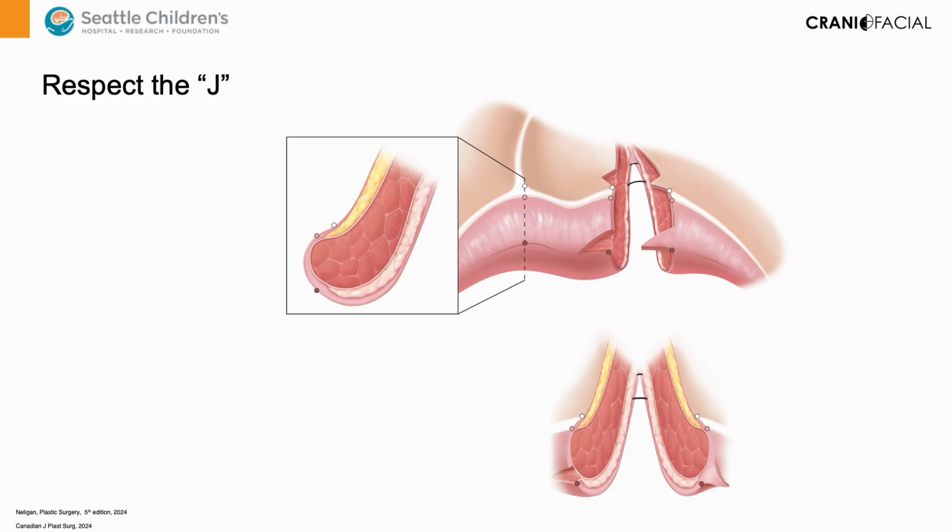And getting the heel and the tip of the boot or the J shape to align on one side to another, I think, can help to produce a natural pout to the lip, as well as it helps to get all the surface landmarks lined up so then the skin closure is easy.